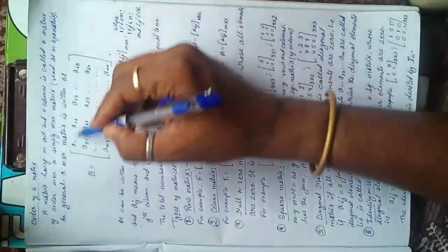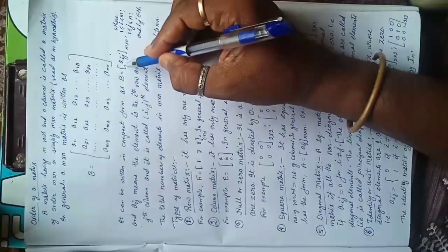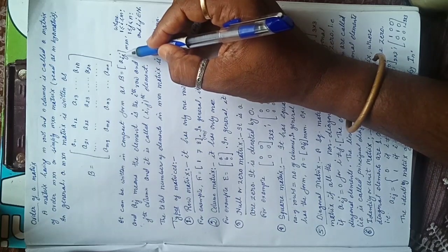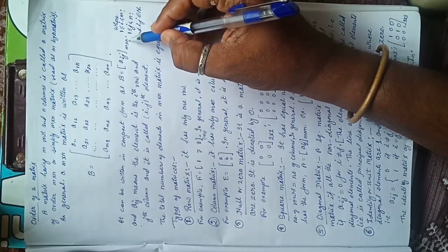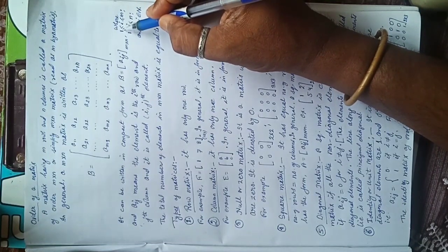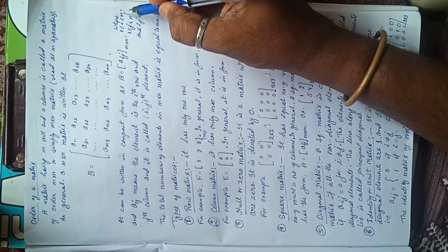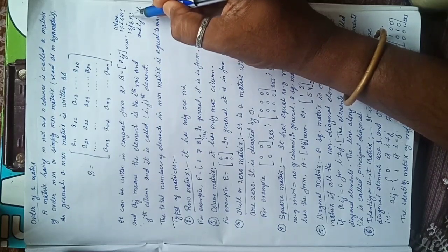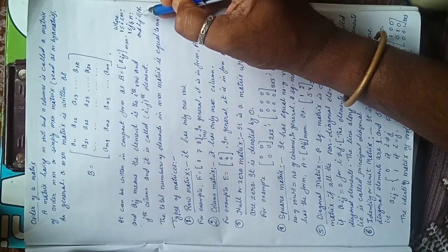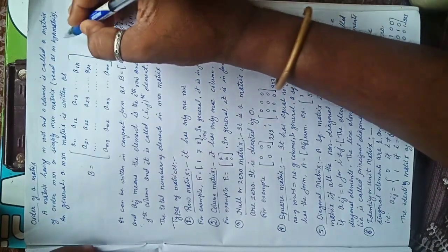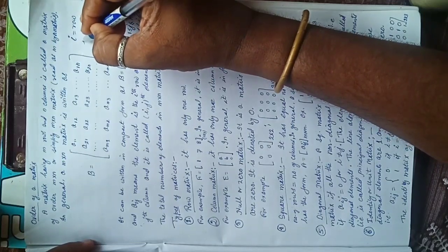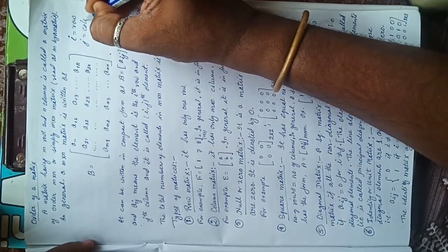It can be written in a compact form. B is equal to, in this bracket, Aij, and this is the order m by n, where i is always greater than or equal to 1 but less than or equal to m, and j is greater than or equal to 1 but less than or equal to n, and i and j both belong to N. But one thing to keep in mind, i means row and j means column.